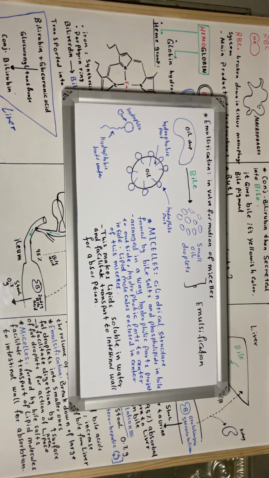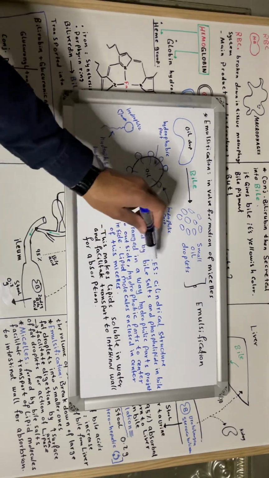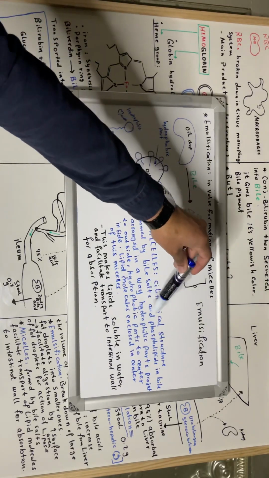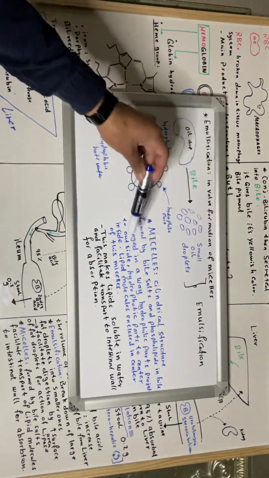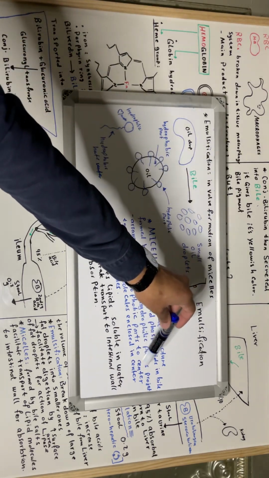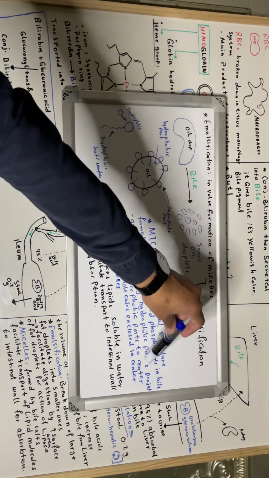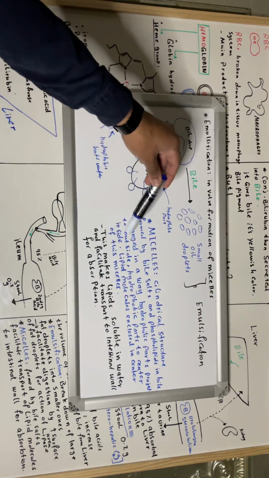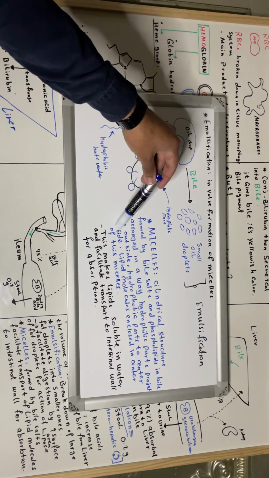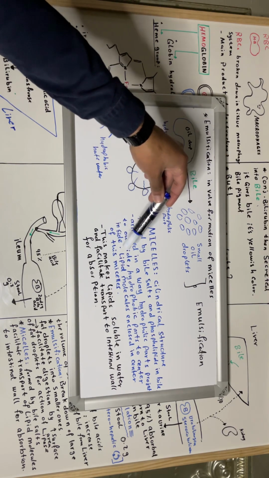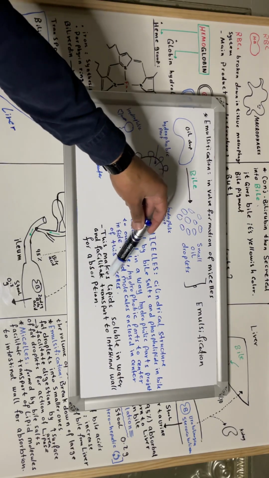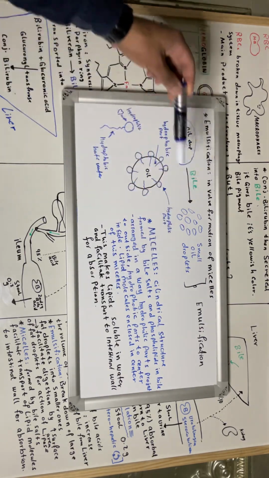While for micelle formation, we can define micelles as cylindrical structures formed by bile salts and phospholipid in bile, arranged in a way that the hydrophilic part, which loves water, projects to the outside, while the hydrophobic part is toward the center inside. And the lipid molecules are enclosed in the center of these micelles. Let's see here.